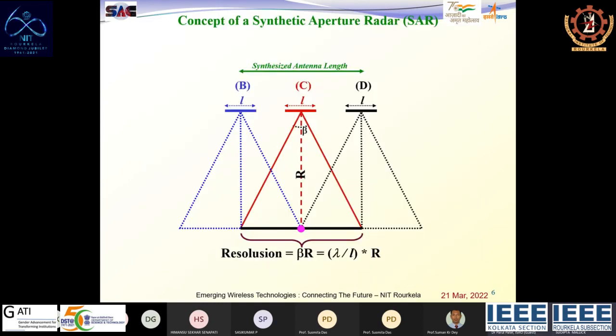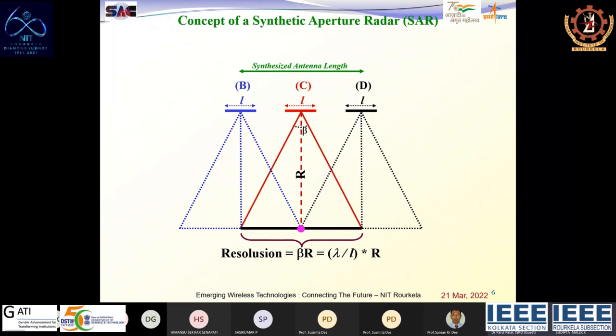Typically, in synthetic aperture radar, you send the signal from here. This is the beam width I've tried to show: when your antenna is of length L, you will have a beam width β times the range, where your target is illuminated.